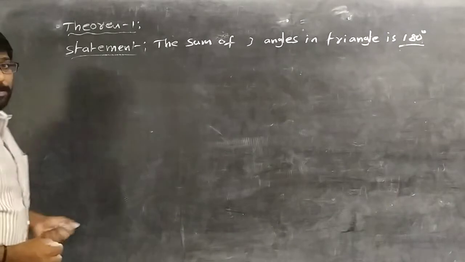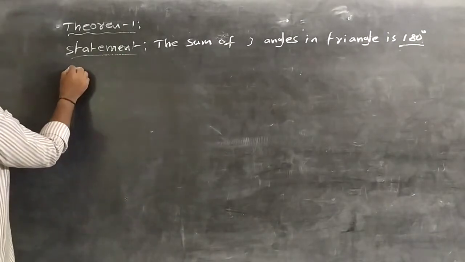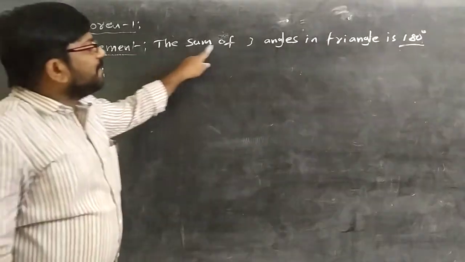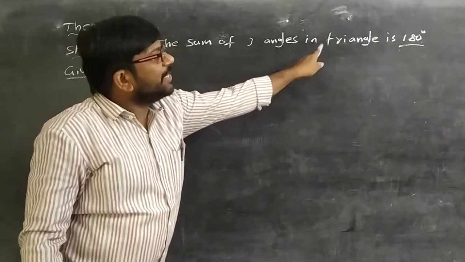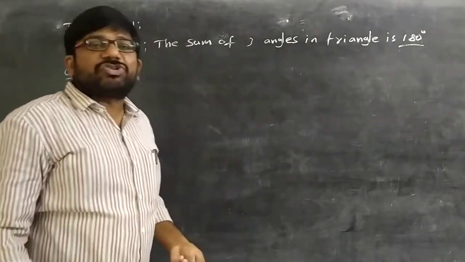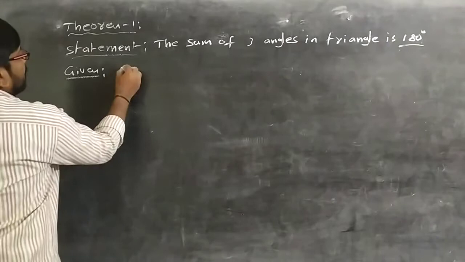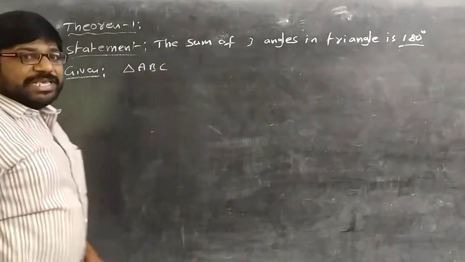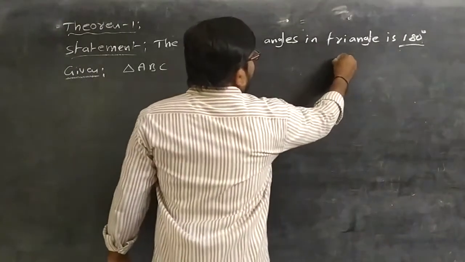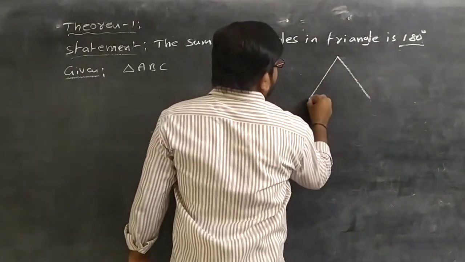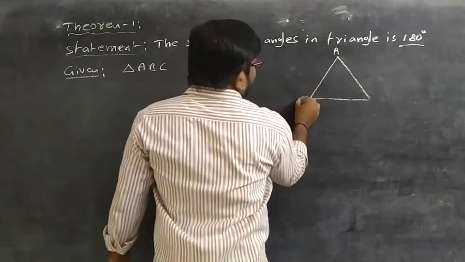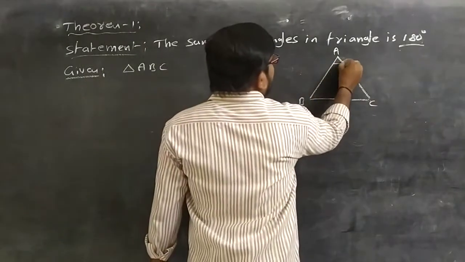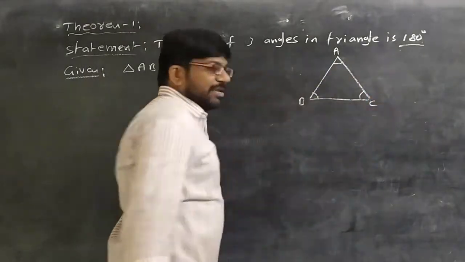Right. Let me do the problem. Statement, okay. What is given in the problem? The sum of three angles in a triangle is 180 degrees. So let's take a triangle ABC. Given: triangle ABC. Right? ABC is a triangle. So it has angle A, angle B, angle C, right?